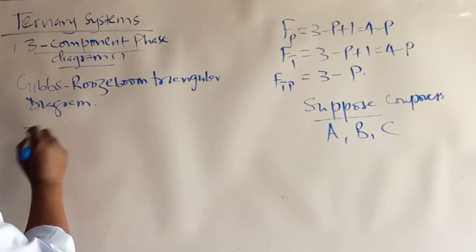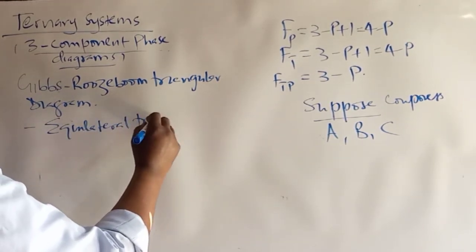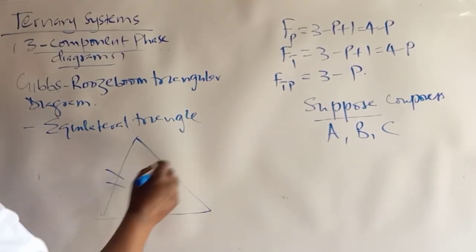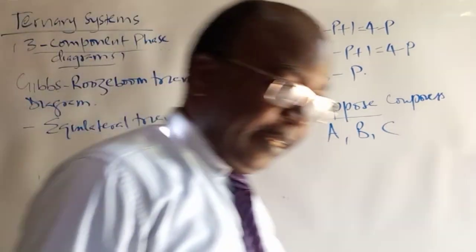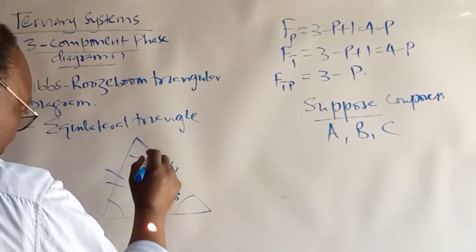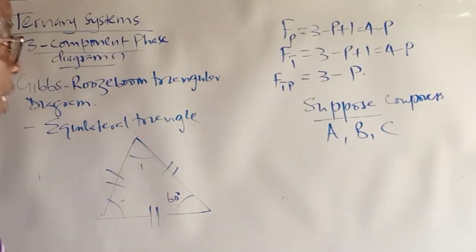And I said, one, the triangle is an equilateral triangle. And what are the features of an equilateral triangle? You know that in an equilateral triangle the sides are equal, and of course these angles are 60 degrees. Always know that. All those angles are 60, the sides are equal.